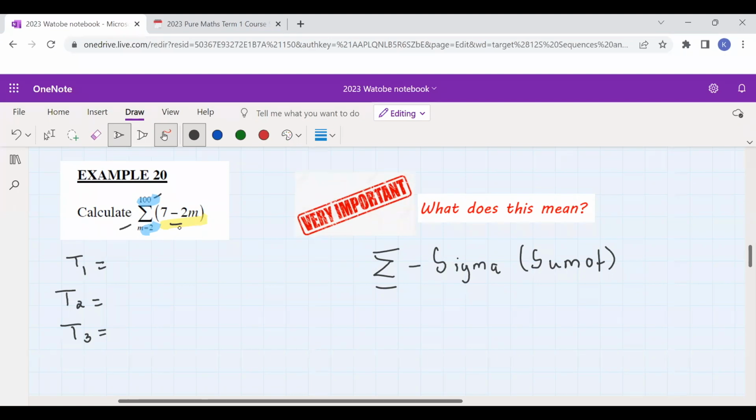So if you say 7 minus 2, you're going to have T1 equal to 5. I'll show you just now what we're going to do. Offense, the reason we cannot do that is because if you start your sum or start your whole sequence from T2, it's going to put your whole sum off, but we'll substitute 2 just to show you what we're doing here.